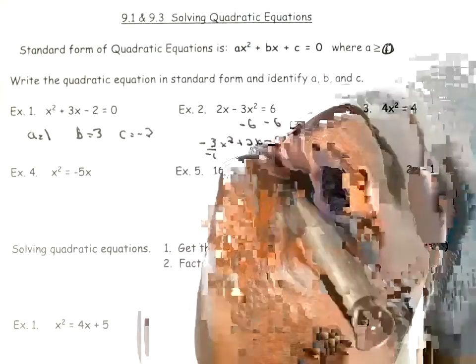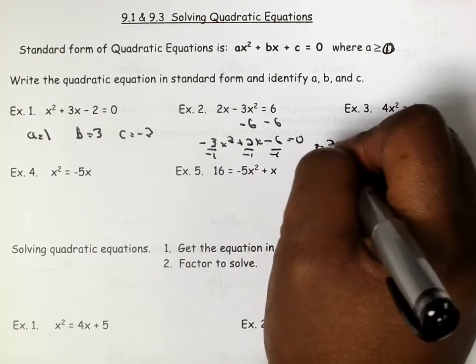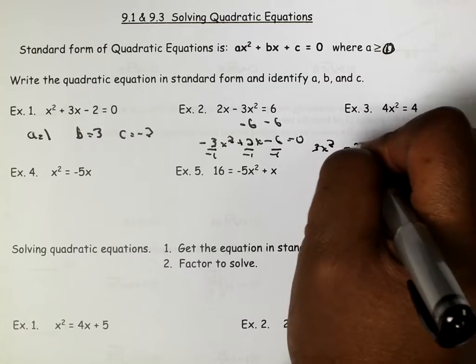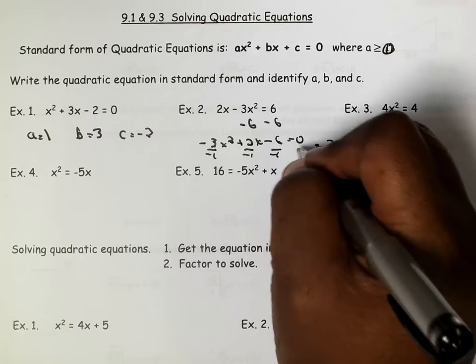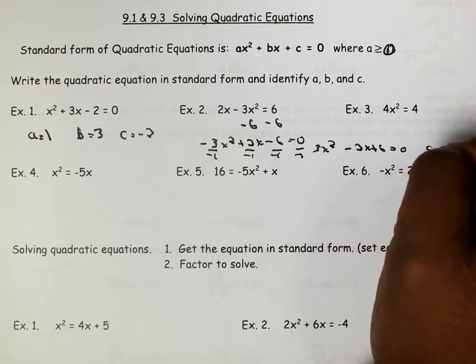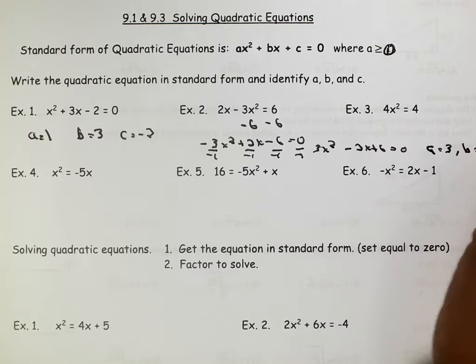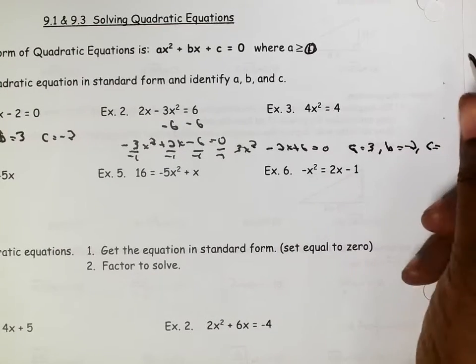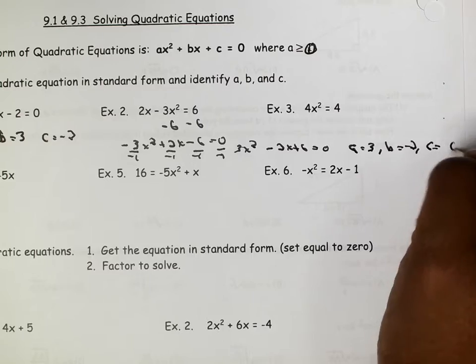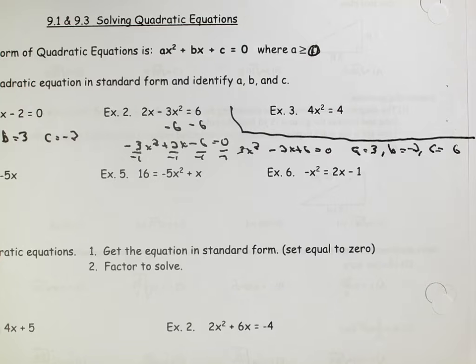So when I divide everything out by negative 1, I end up with 3x squared minus 2x plus 6 is equal to 0. And now I can see that my a is equal to 3, my b is equal to negative 2, and my c is equal to 6. So if not in standard form, you have to put it in standard form first.